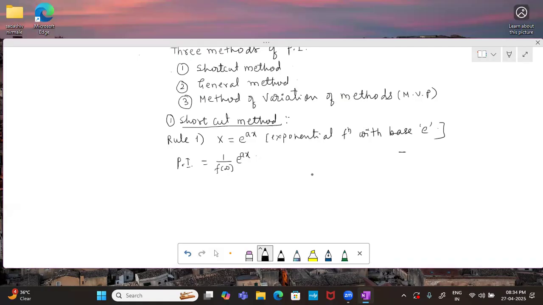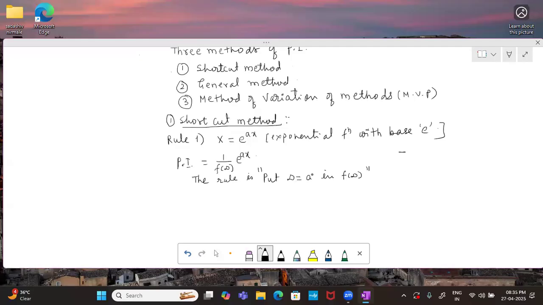And now the working rule is: shortcut means we just find the PI by applying the formula. That is called the shortcut method. So the rule is, put D is equal to a in f of D. Very simple rule.